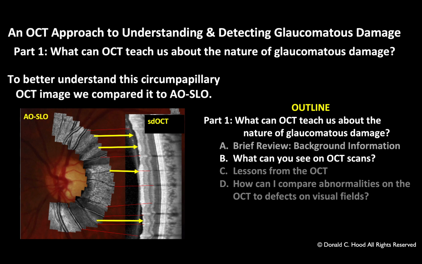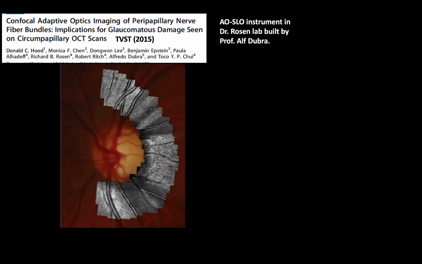By taking images with deformable mirrors, you can correct for the aberrations of the eye and get extraordinarily detailed pictures. So here is a study that was done in Richard Rosen's lab with a piece of equipment built by Alf Dubra, and Toco Chui was the person who did all the hard work here.